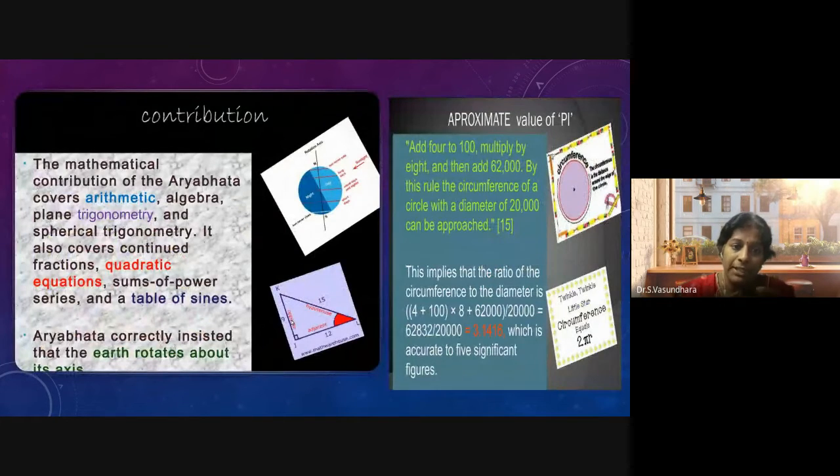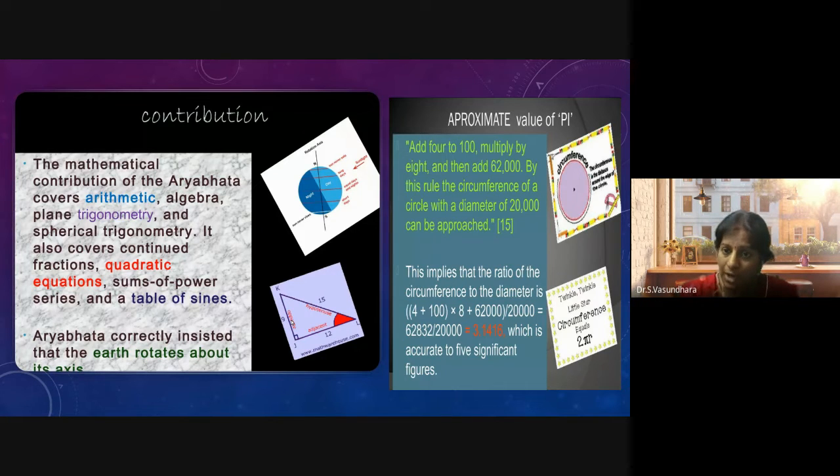The mathematical contributions of Aryabhatta cover arithmetic, algebra, plane trigonometry, spherical trigonometry, and also continued fractions, quadratic equations, sums of power series, and a table of sines. He correctly insisted that the earth rotates about its axis, and also he approximated the value of pi.